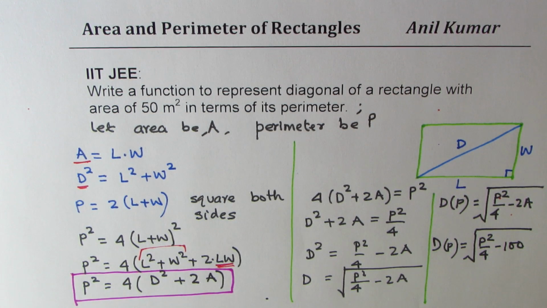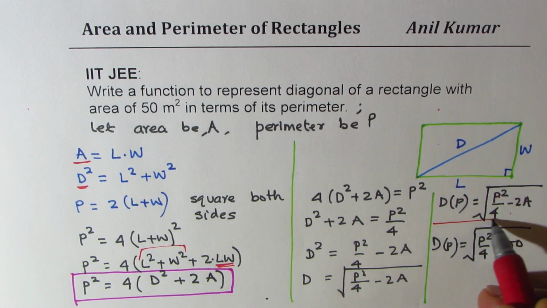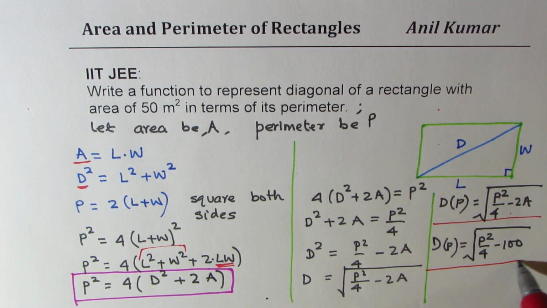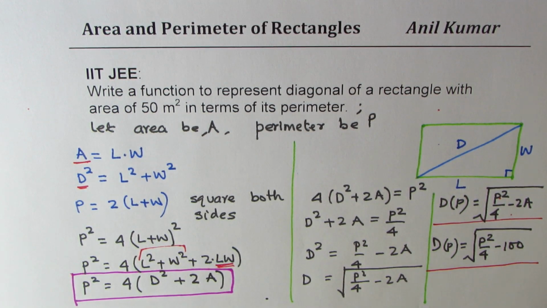Now, if you know this formula, you could have answered previous questions in just a minute or less, correct? In the previous case, we knew area and also perimeter. So if I give you the value of perimeter, you can easily get the diagonal length, correct? So the length of the diagonal is equal to the square root of perimeter square over 4 minus 10 square, right?